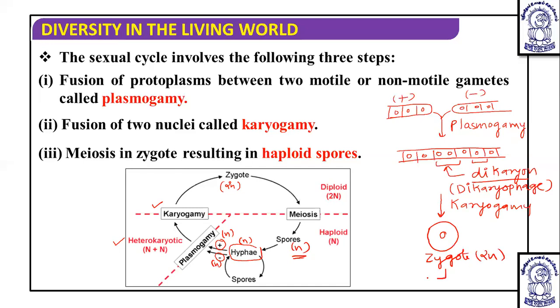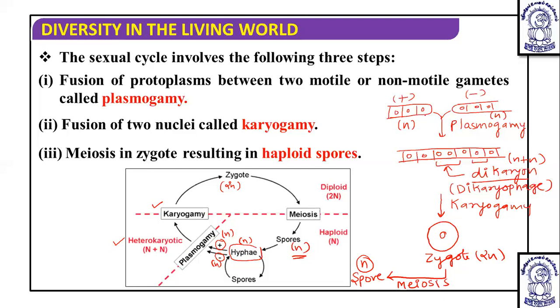This zygote undergoes meiosis to produce haploid spores. Fungi are haploid, so they have a single set of chromosomes. Here in dikaryophase, they become N plus N, and after the zygote forms, they become 2N.